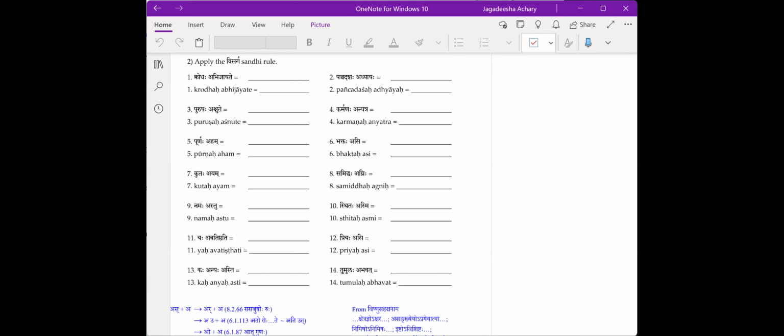So whoever writes has to put an avagraha. That's the rule. Panini doesn't use the terminology avagraha at all. Later grammarians added this avagraha, saying avagraha spashta pratipattaye, for the sake of clarity.